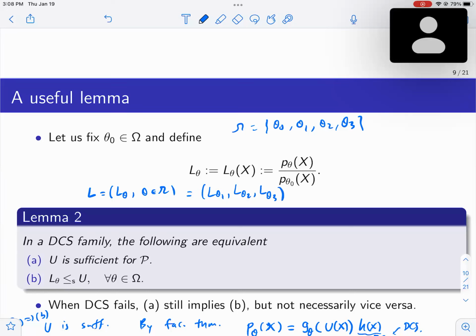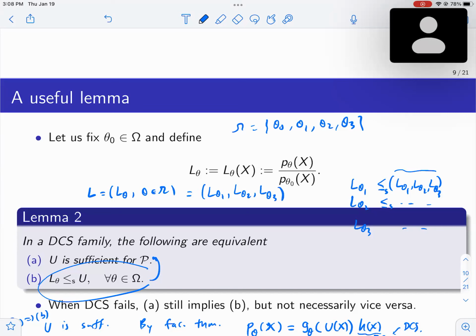I concatenate everything. Now I know that L theta 1 is less than or equal to this vector, L theta 1, L theta 2, L theta 3, because I can write it as a function of this, like a projection onto the first coordinate. I can do the same for the second one. So this satisfies all these conditions simultaneously, so it has to be sufficient as well.